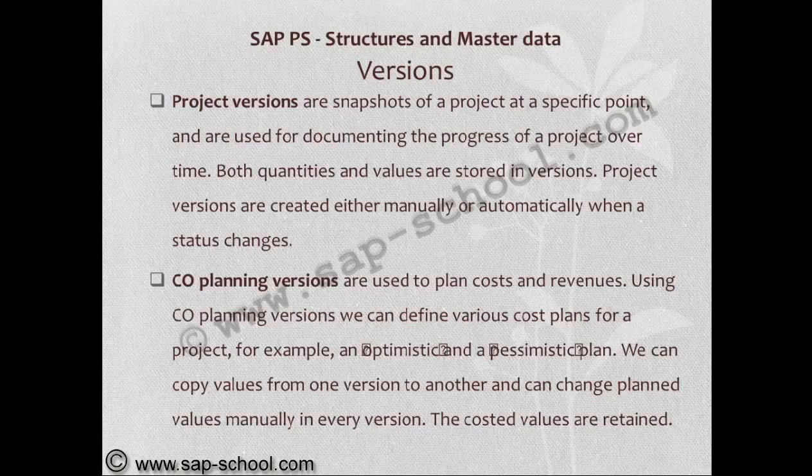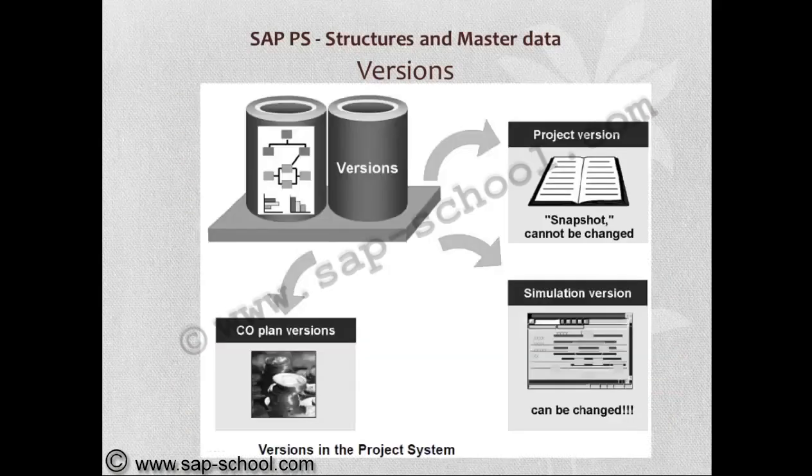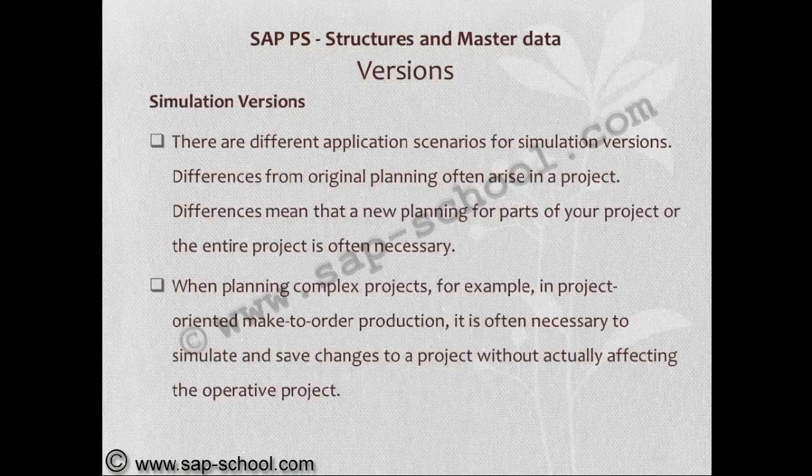The cost values are retained. So here in the versions, the project version is a snapshot, we cannot change anything. Simulation versions, we can change and compare between the versions, and CO plan versions, we can make different costing versions.